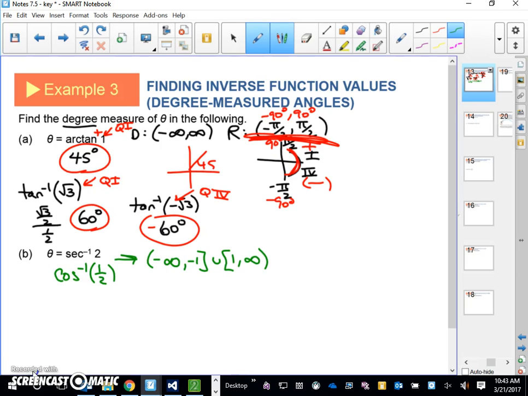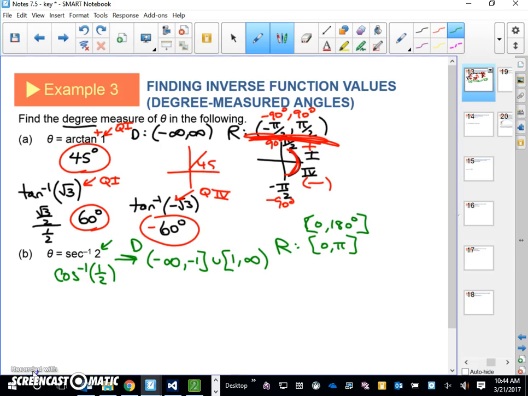It can't be between negative 1 and 1. It has to be outside of that. And so that means that my 2 right here is okay. I'm allowed to plug in a 2. That's the domain. The range for inverse secant is from 0 to pi, or in this case, from 0 to 180 degrees.